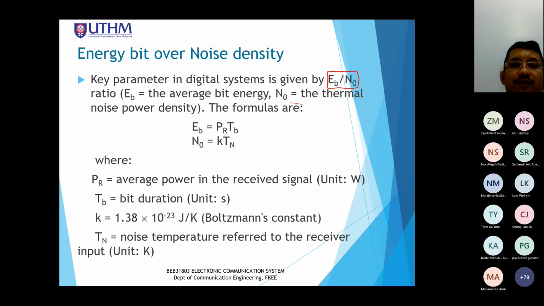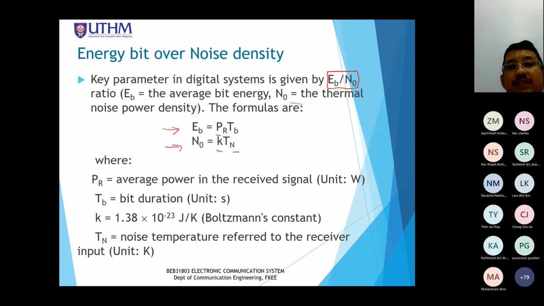The equation for energy bit is equal to received power multiplied by bit duration, so watt second, which is in terms of joules. And N0 is equal to Boltzmann constant multiplied by the noise temperature at the receiver side in terms of Kelvin. So Eb over N0 is actually measured at the receiver side.